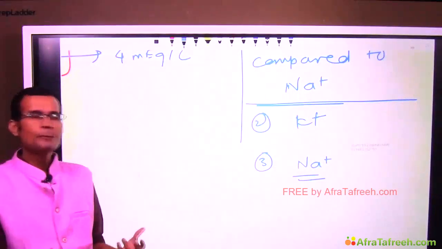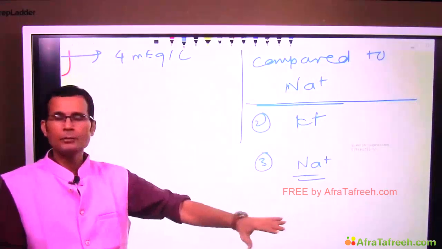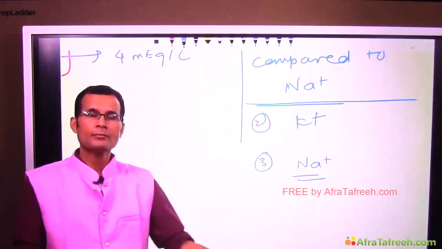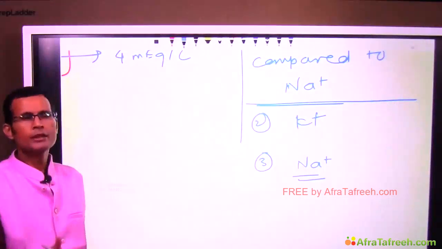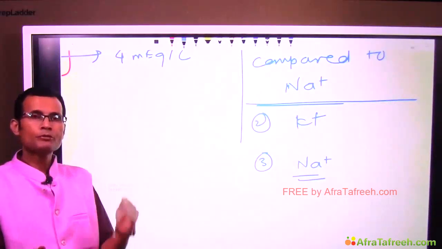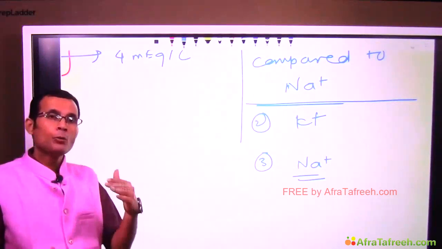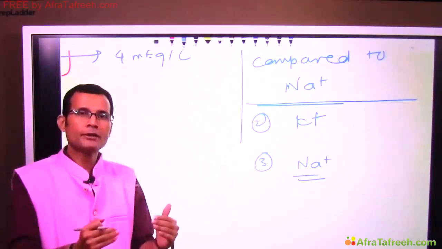Most diffusible ion for a cell, answer potassium. Most diffusible ion for an excitable cell, answer again potassium. So for any cell, potassium diffuses faster. But the faster diffusion is that of which ion for an exciting membrane, where the membrane has begun to excite?